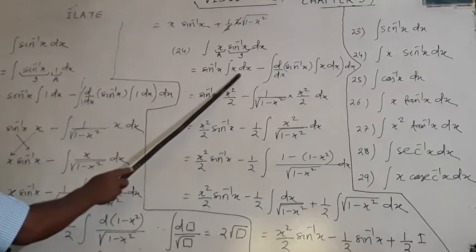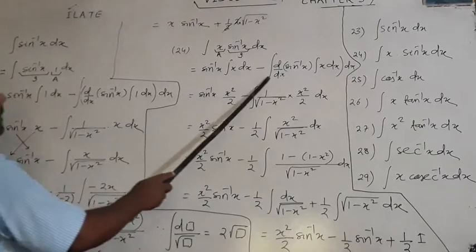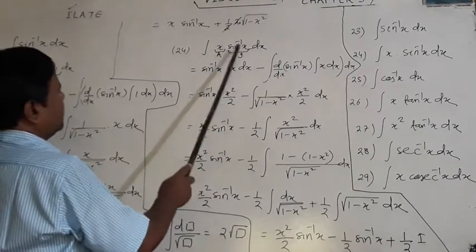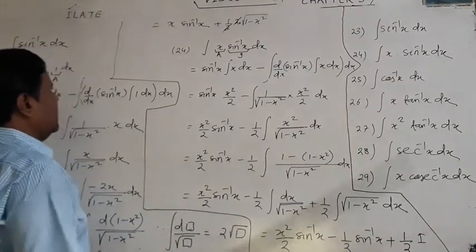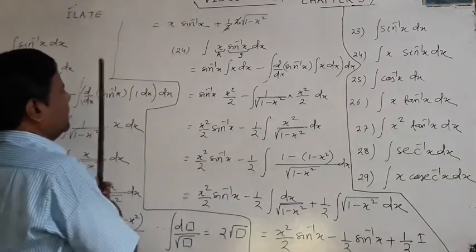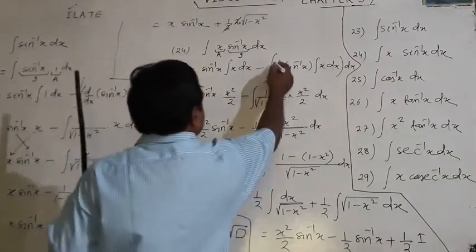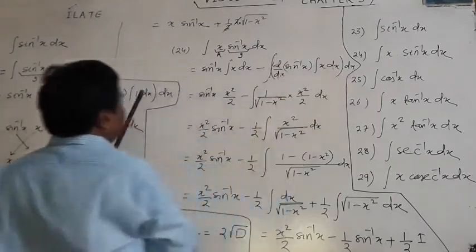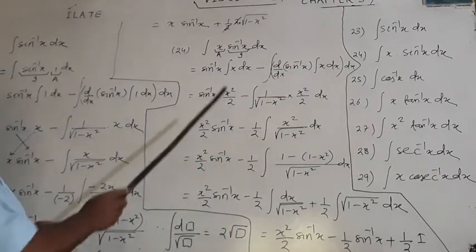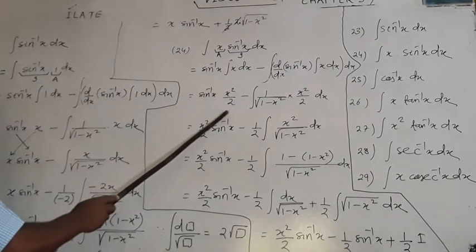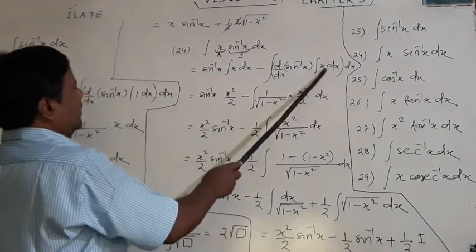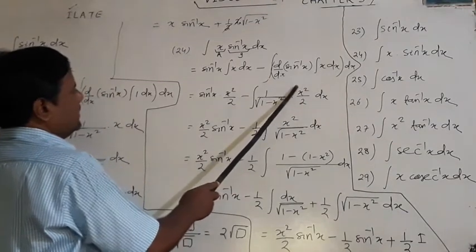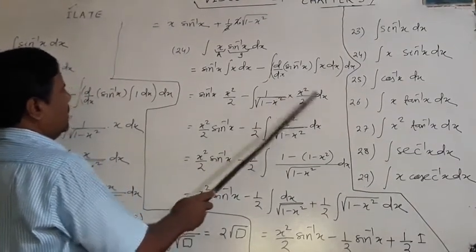Integration of second means integration of x dx, minus derivative of first, which is derivative of sine inverse x, into integration of second, that is x dx, whole integration. So I have to keep one bracket here. Now it is sine inverse x. What is the integration of x dx? It is x square by 2, minus 1 by root of 1 minus x square into x dx; its integration is x square by 2.